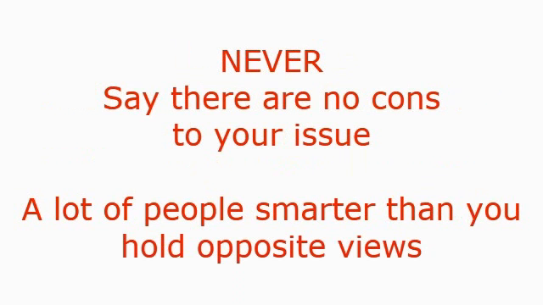She told me that there were never any cons to her issue, there was never any problem with her stance. Now, here's the problem with this. If this is an issue worth arguing, there's probably a reason that people disagree with you. And a lot of people who are smarter than you and smarter than me have opposite views from us, and we need to understand this.